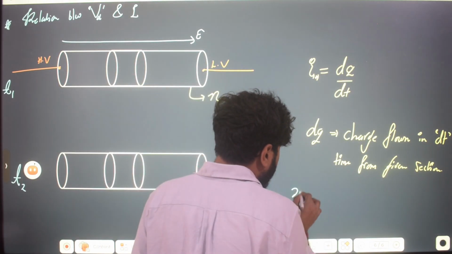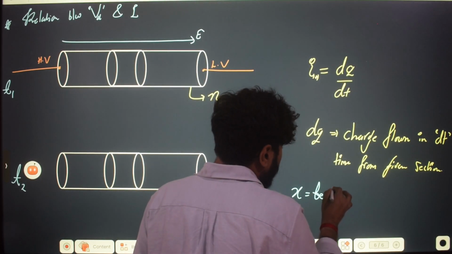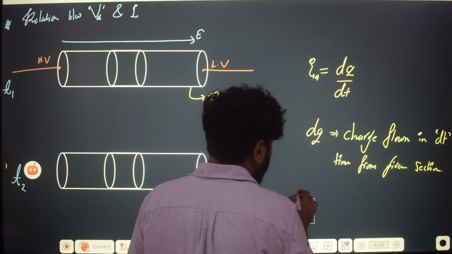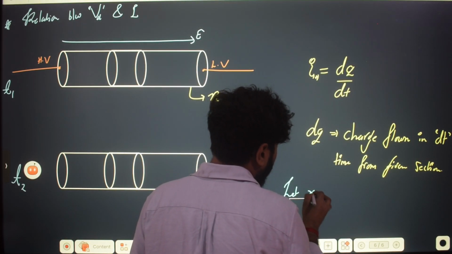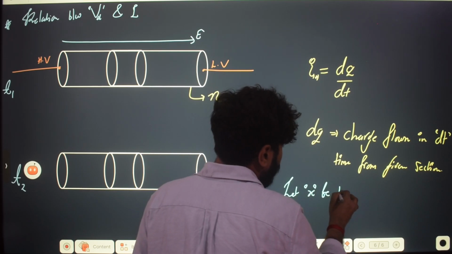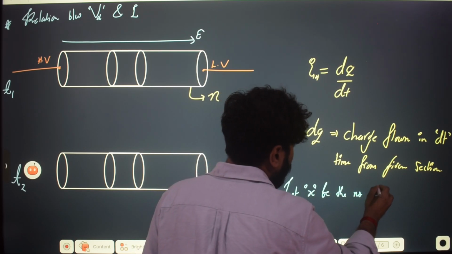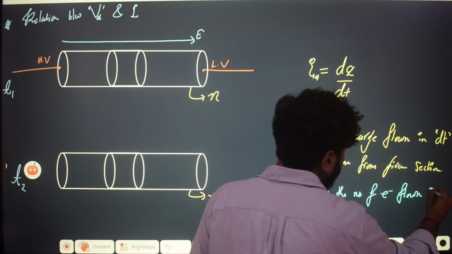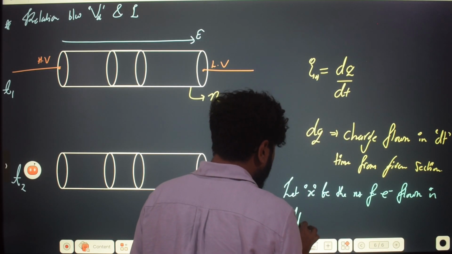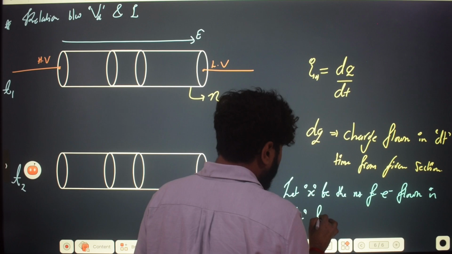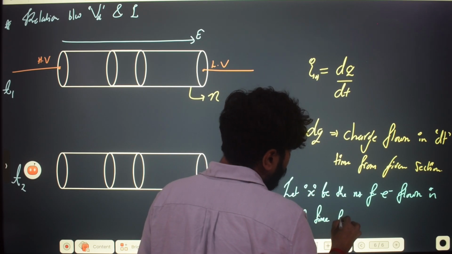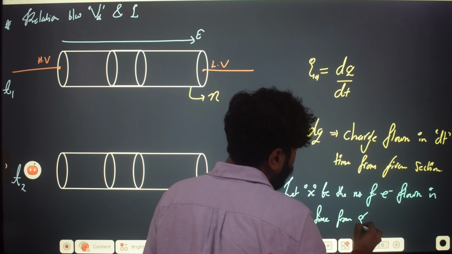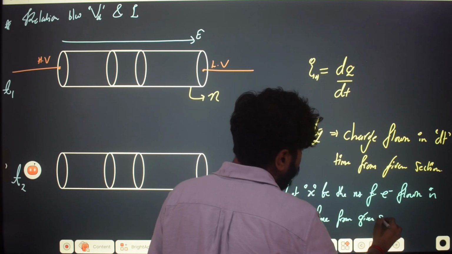So let's say x is the number. Let x be the number of electrons flown in dt time from the given section.